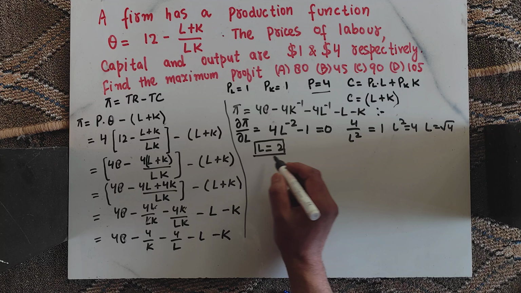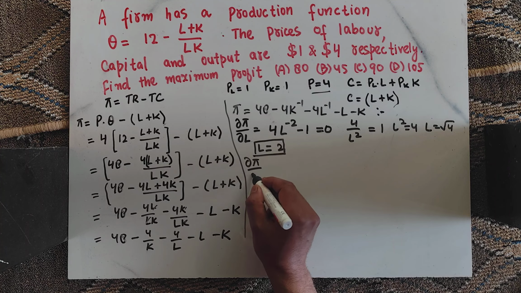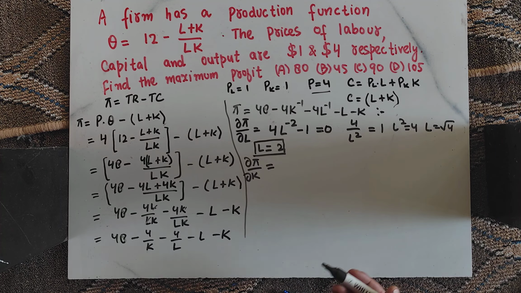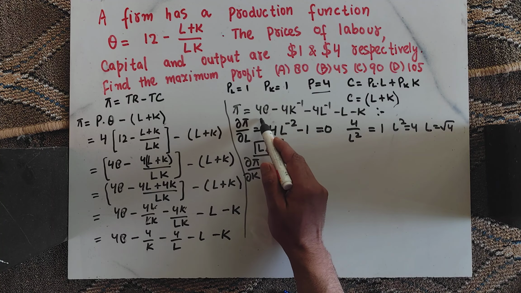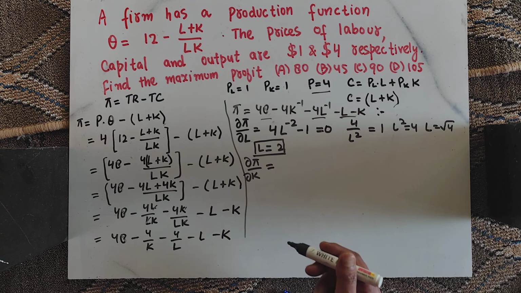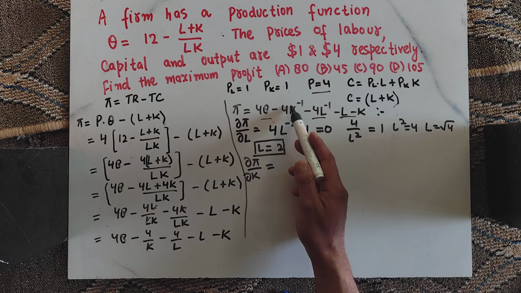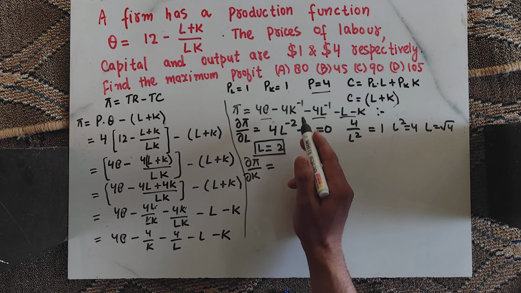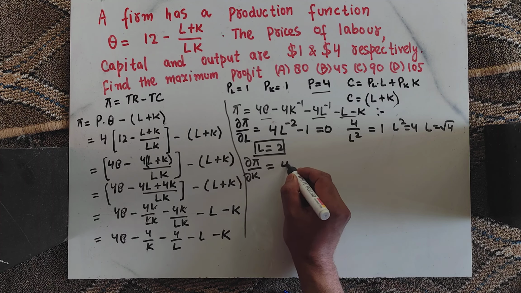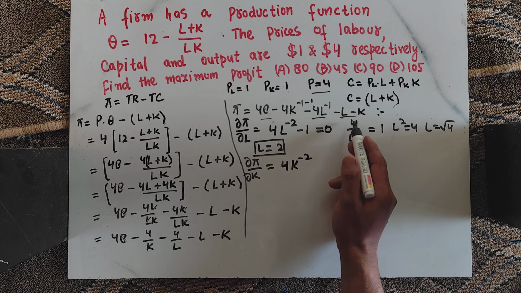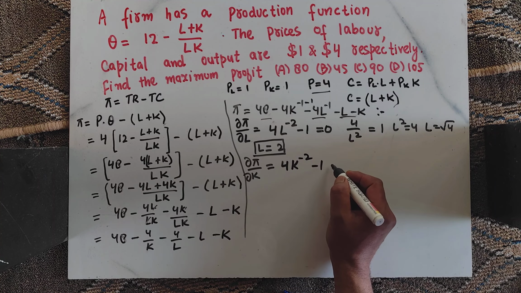Likewise, we find the marginal profit with respect to capital and set it equal to 0. Differentiating with respect to capital this time, the L terms are 0 because we are taking the partial with respect to K. Using the power function rule, -1 times -4 becomes +4, K is raised to the power -2, and the derivative of K is 1, so we are left with -1.